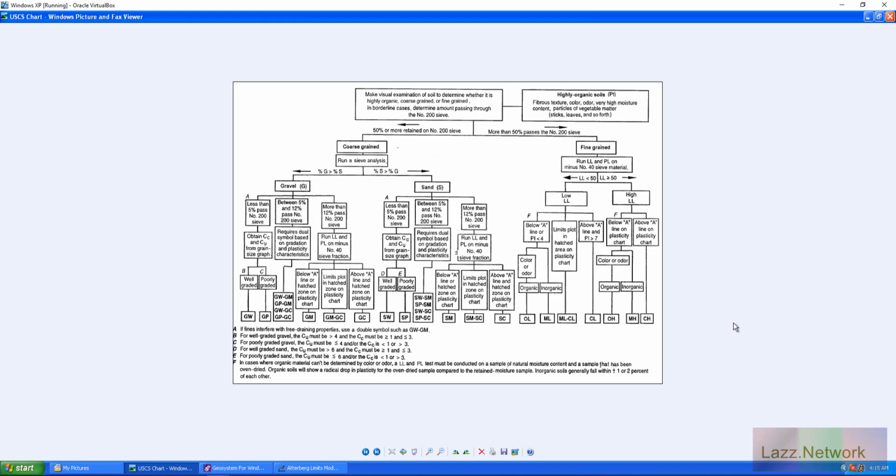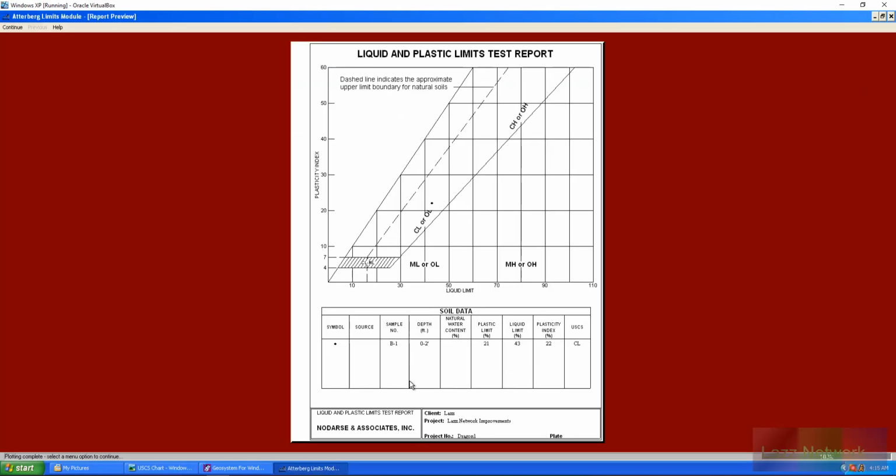Will you get better at it over time? Yes. But is it a lot easier to utilize a computer to do it? Yes. As you can see, it determined that for us, because that is the criteria it has to follow.